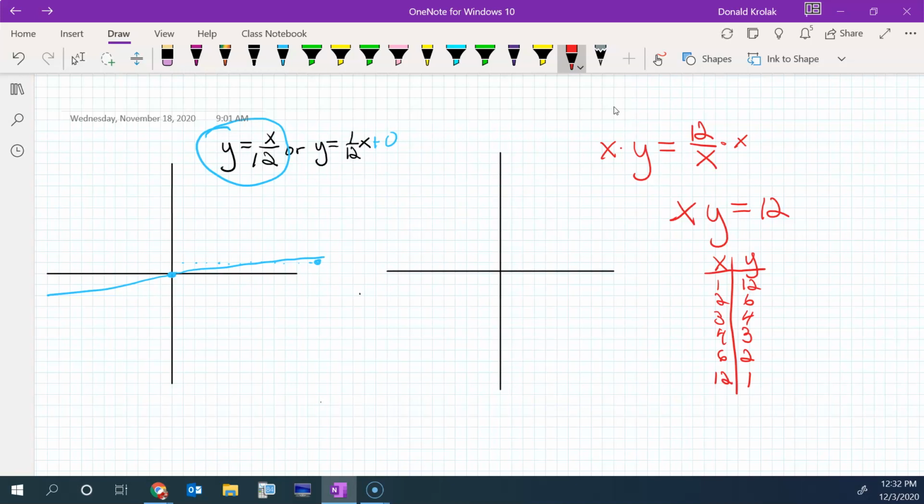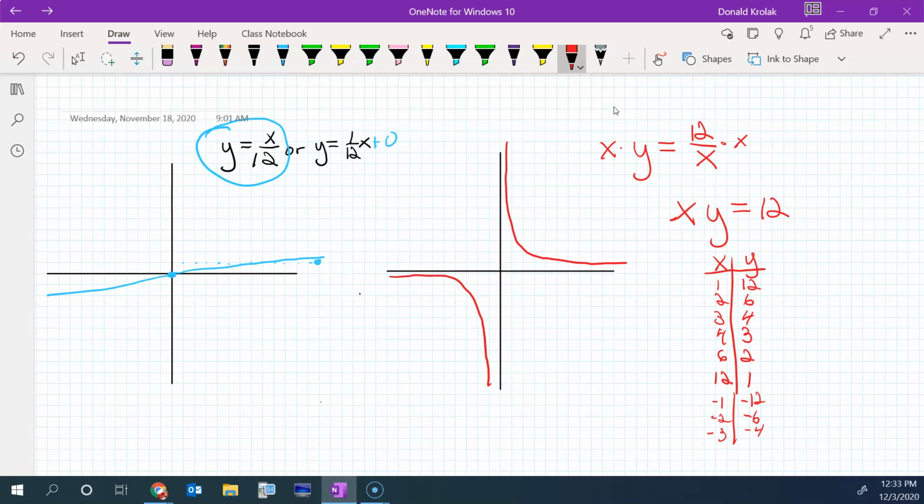Now when we put those into Desmos and graphed them, we got a shape that looked like this. And if I kept doing this list with the negatives that multiply together to be 12, -1, -12, -2, -6, etc., that created another branch of the graph right here.